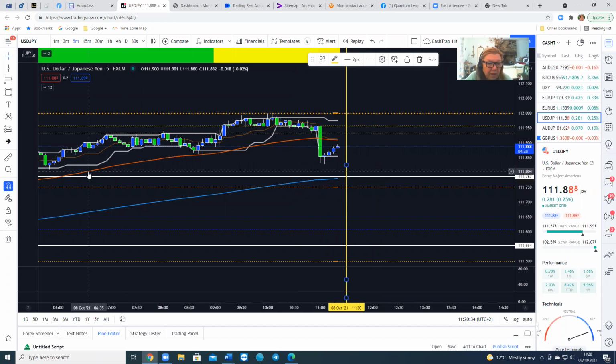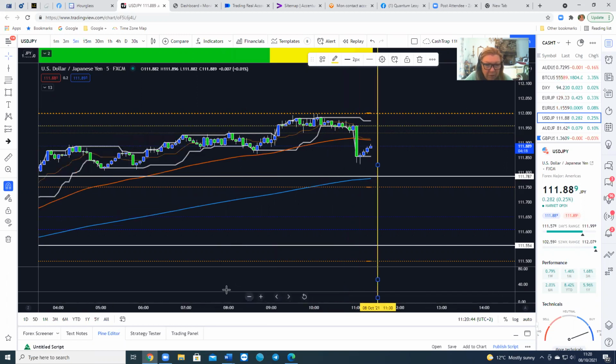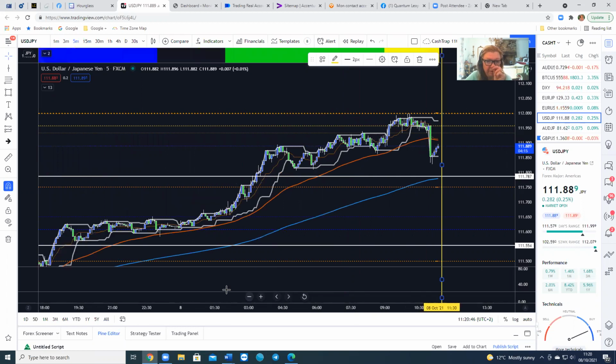So we can see here the US dollar is in an upward trend, but it's doing this retrace back. So we need to be mindful of that, but it's been in a strong upward trend. I'm just going to come out to the hourly.